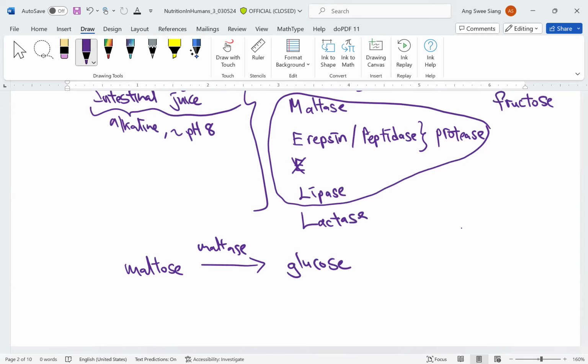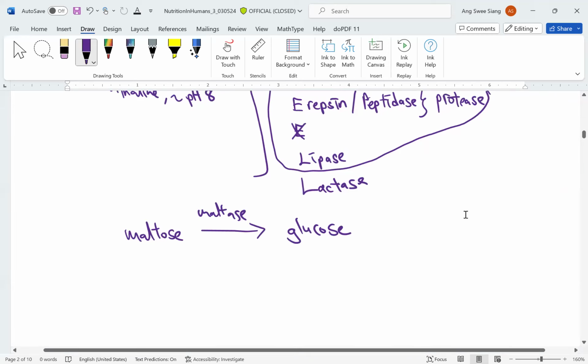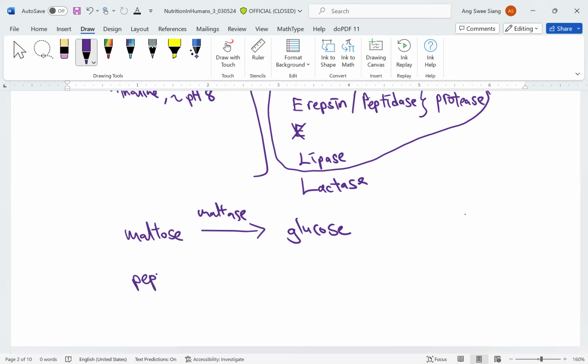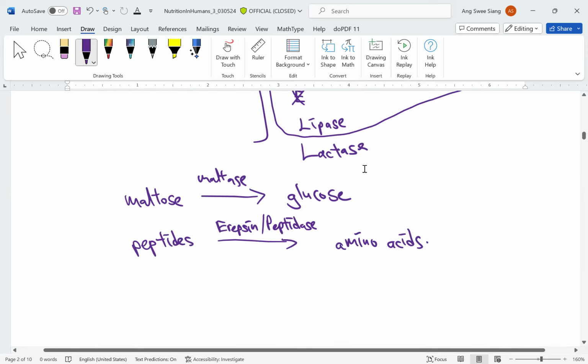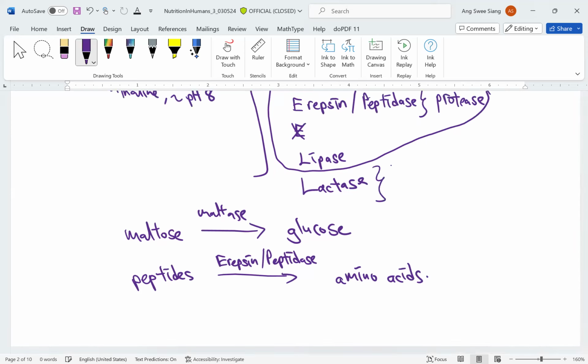Then erepsin and peptidase will digest the peptides into amino acids. Lipase, I'm not going to write for you. Lactase is just for general knowledge. Lactose is digested by lactase to give you glucose plus galactose.